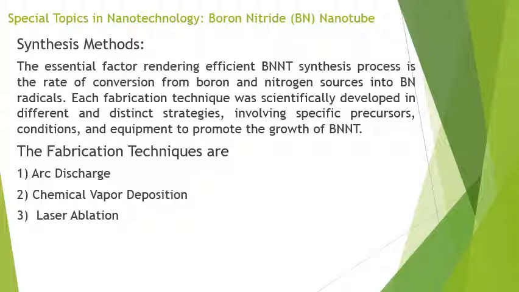So here in chemical vapor deposition, we have seen that liquid or solid boron and boron nitride sources are commonly used for the growth of BNNT instead of toxic and combustible gases. Boron precursors along with nitrogen gases are used, similar to carbon nanotube synthesis.